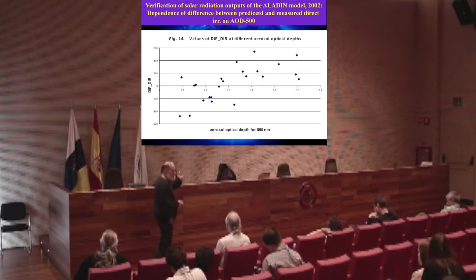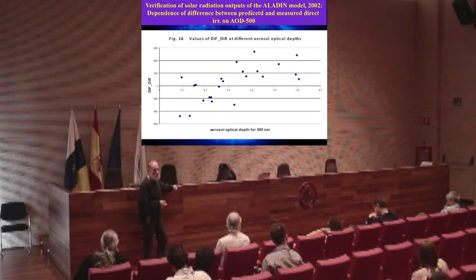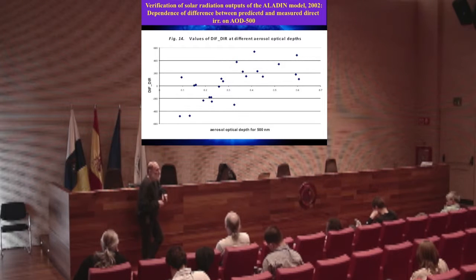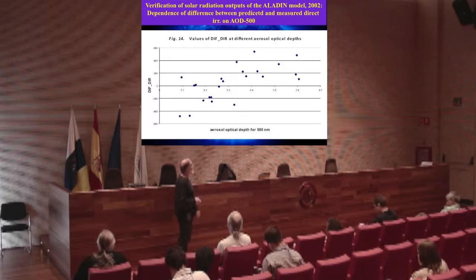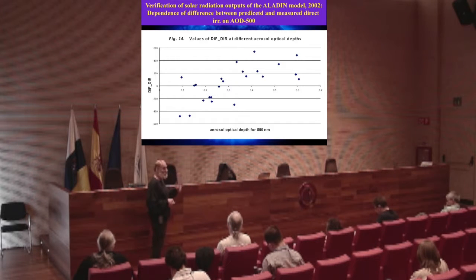When we verified the forecasted output of the weather forecasting models, I made some studies on how the deviation of the forecasted solar radiation parameter from the measured value depends on the atmospheric transparency, and we had a good correlation.